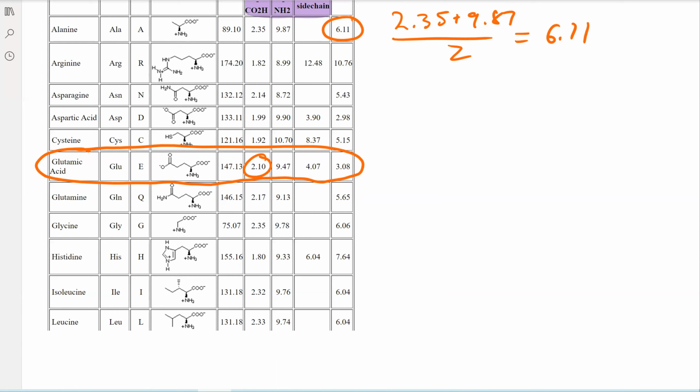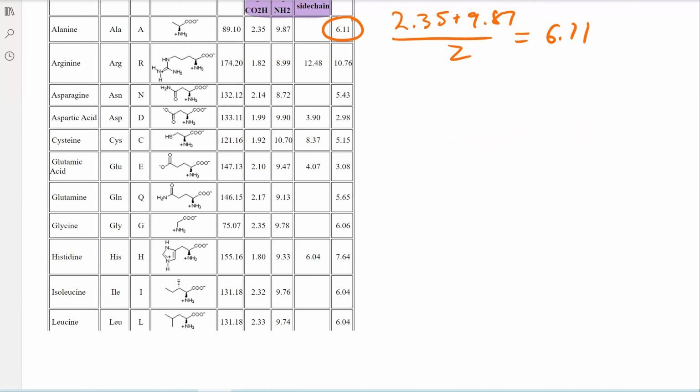The two closest numbers there are 2.10 and 4.07. Take those, divide them by 2. I actually did an example with a different one in my notes. That's why I'm kind of all over the place. Let's just do it real quick though. I get 3.085, which actually would round up to 3.09, but close enough, right? You can see how the PI is gotten, right? Just the average of the two closest pKa's.